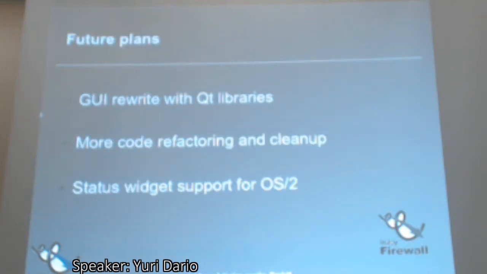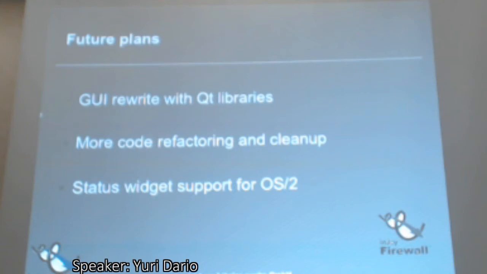We also plan to enhance the product and give new features. The first most important task is to rewrite the user interface using Qt libraries, because the current interface is done with Dynamic Windows, which works on OS/2 and Windows, but not on Linux.